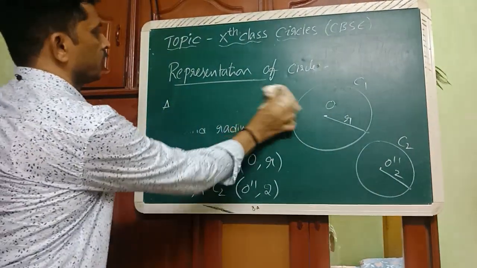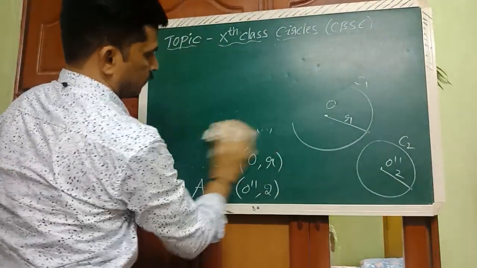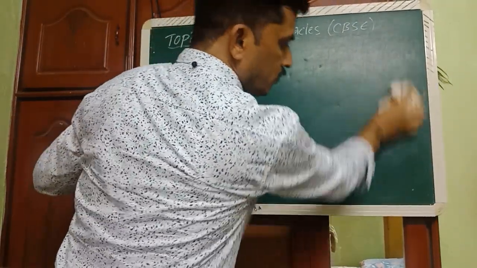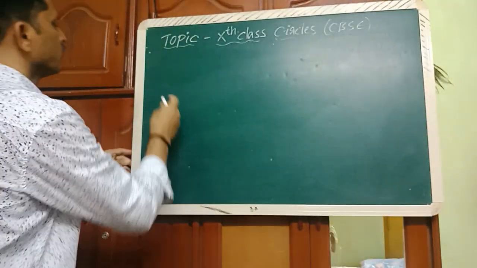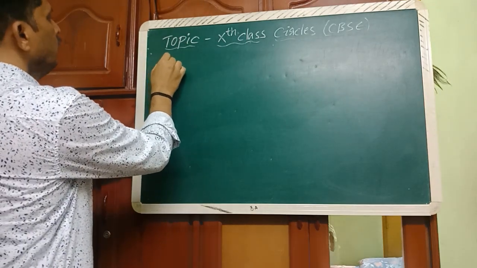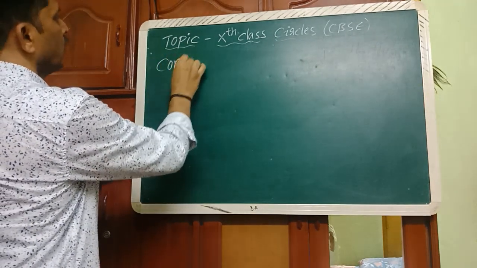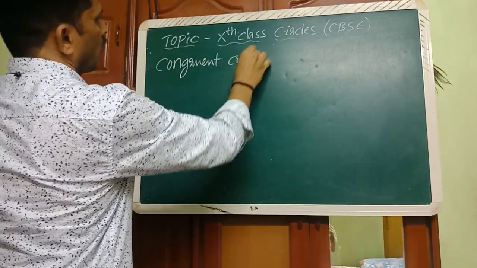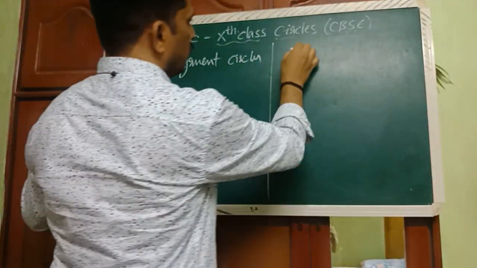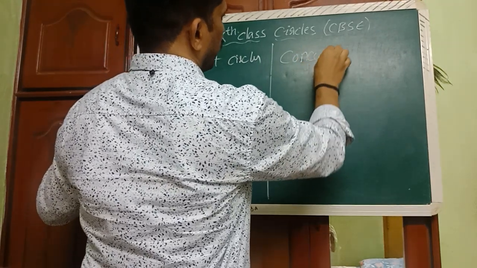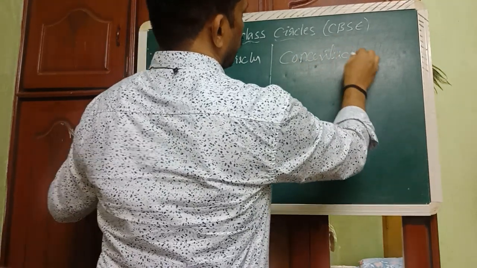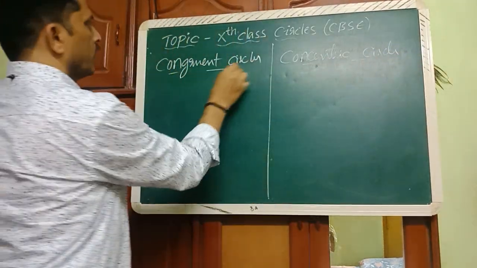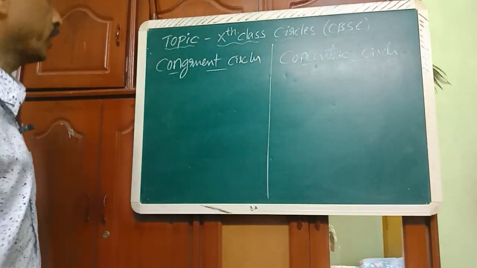Next one is congruent circles and concentric circles. What is the definition of congruent circles and concentric circles?